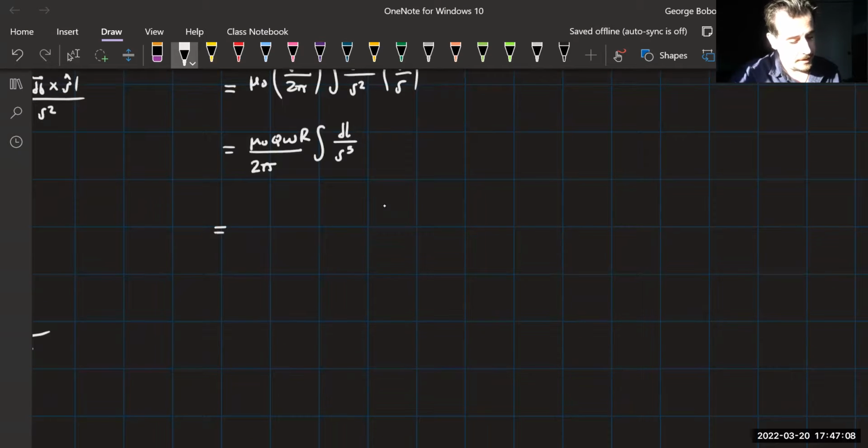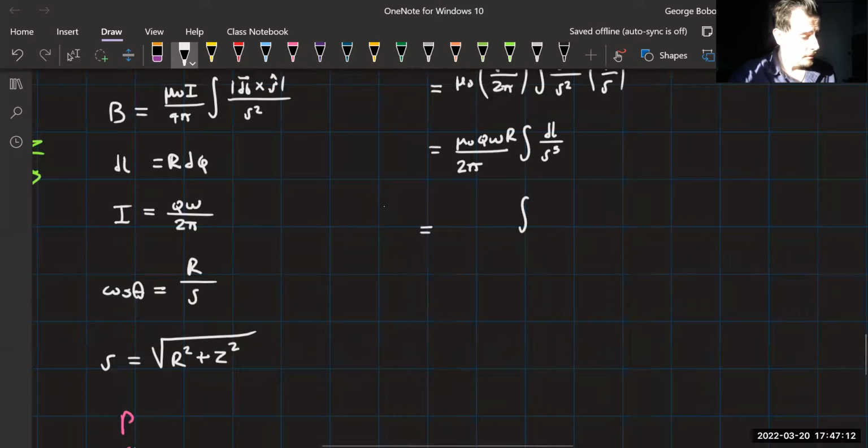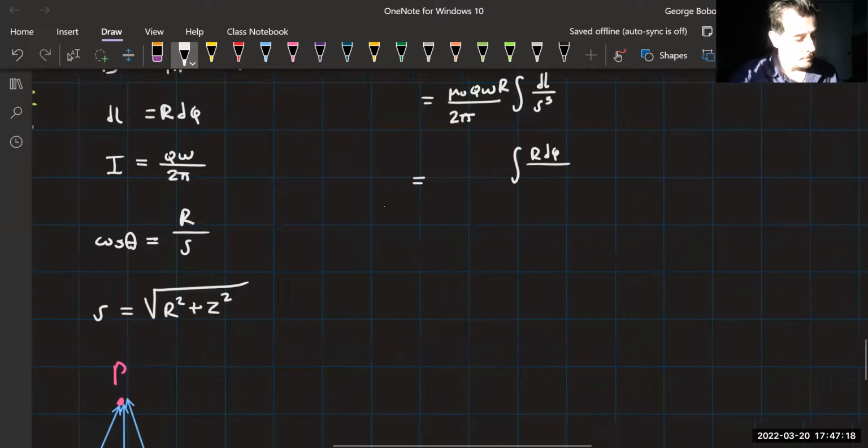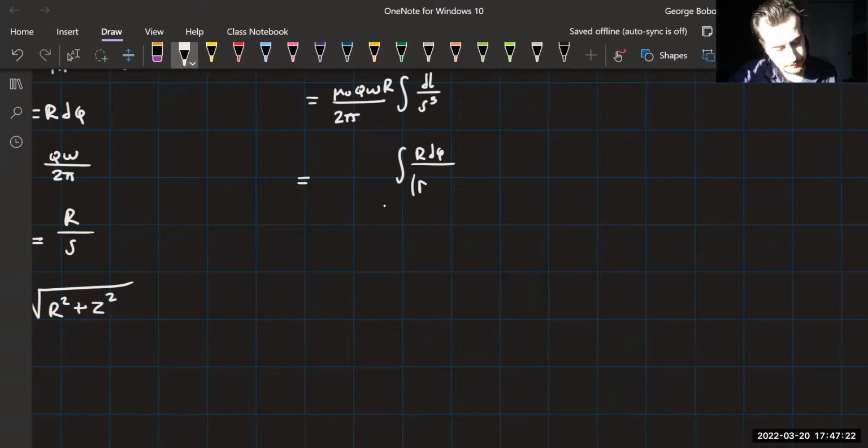So again, focusing only on the integral for now, dL is R d phi from our findings. And R cubed, Bogdan got us what R is. So R cubed is going to be R squared plus Z squared, square rooted, but raised to the power of 3 at the same time. So that's how our integral is looking.